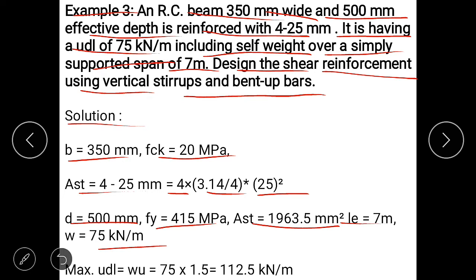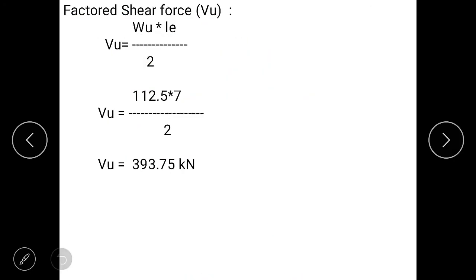If we have to find the factored UDL, how do we calculate it? Multiply self weight by 1.5. So 75 into 1.5, we get the maximum or factored UDL, which is 112.5 kilonewton per meter. Okay, now we have to find the factored shear force. Our beam is simply supported, so Vu is Wu into L by 2.